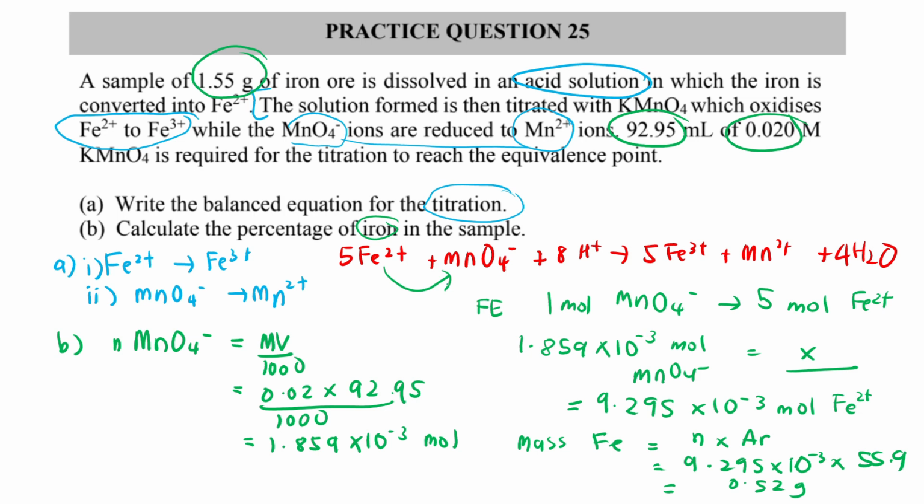So the percentage of iron is 0.52 gram divided by the sample, times 100%. So 33.52%. This means how much pure iron is in the iron ore. Iron ore is a mixture containing iron.